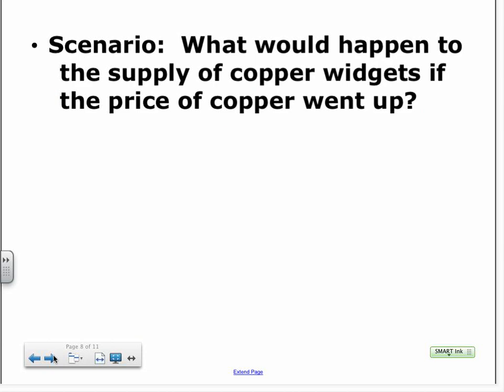Here's your scenario. What would happen to the supply of copper widgets if the price of copper went up? All right, so what you do is you can graph it out: supply, price, quantity. The price of copper going up, if your widgets are made out of copper, means that the cost of production goes up.